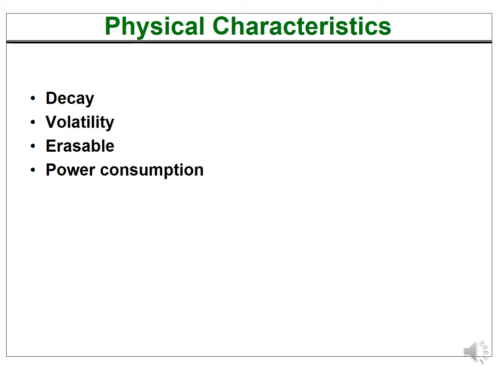Now the RAM that is created with the help of capacitors is called a dynamic RAM, whereas the RAM that is created with the help of transistors is called a static RAM. Now let's understand what the difference is basically. Why do we call it static and dynamic RAM, right? And what does decay actually mean over here?